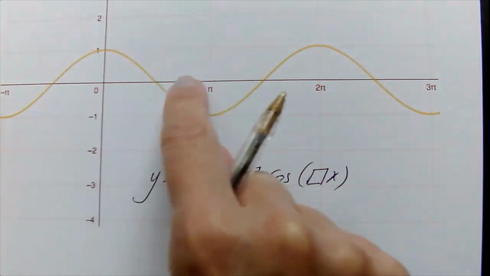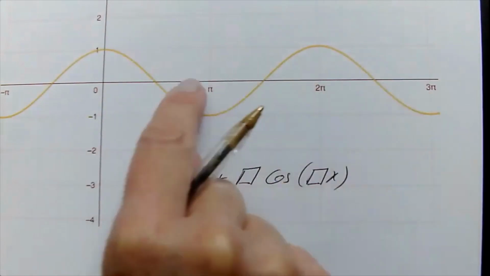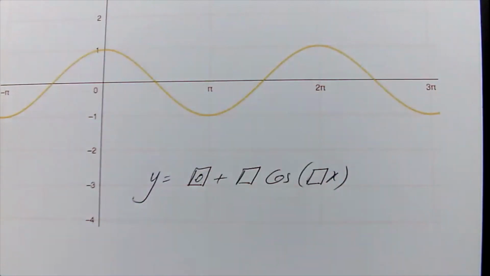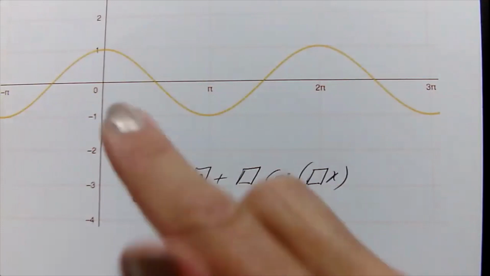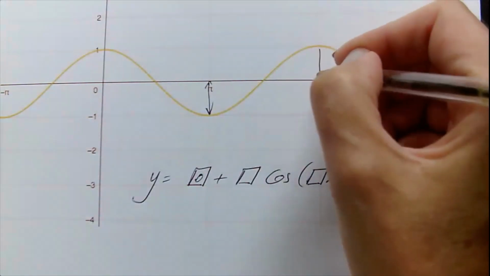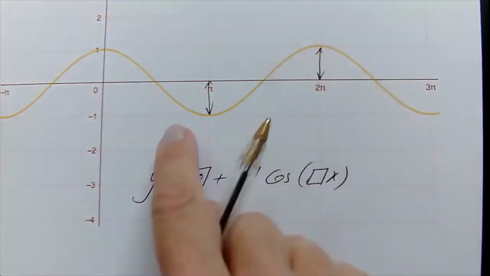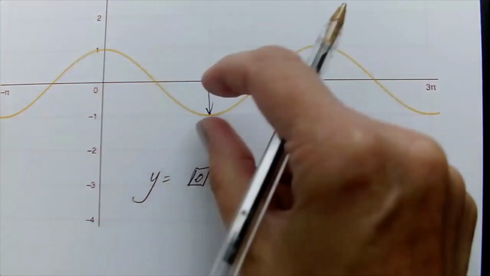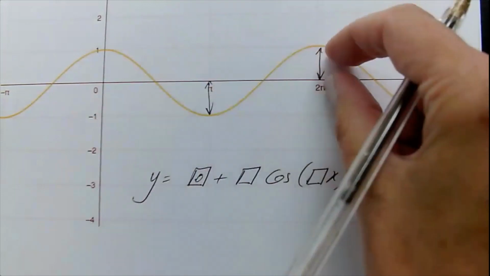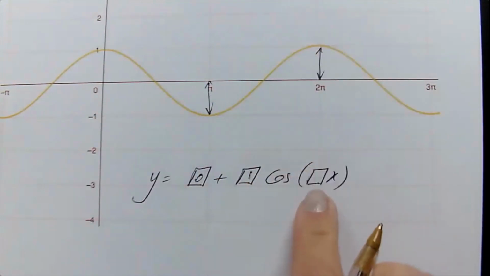And the middle line in that graph is here at 0, the line y equals 0, the x-axis. This, of course, is the amplitude. So I want the distance from that midline equation to the max or minimum points. And of course, it is 1 unit. Do we see that? That's the amplitude. So that's 1. And again, we want the c.